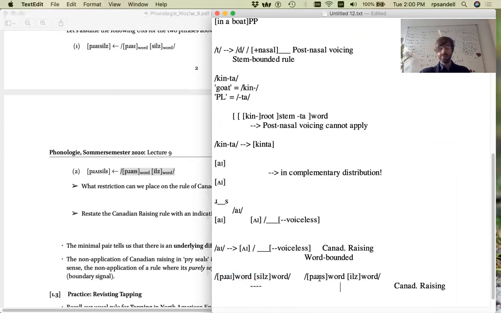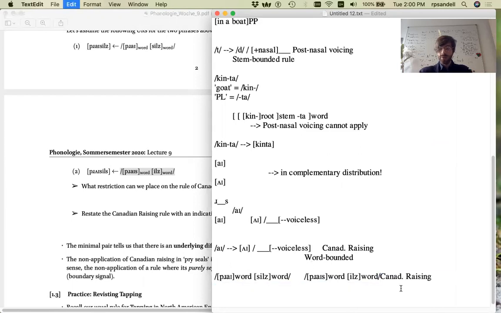On the other hand, in the sequence "price eels", it finds the diphthong [aɪ] followed by a voiceless segment, and that sequence of the diphthong [aɪ] followed by a voiceless consonant are contained within the same word, and therefore the diphthong [aɪ] is changed to [ʌɪ] in that case. "Price eels" there.